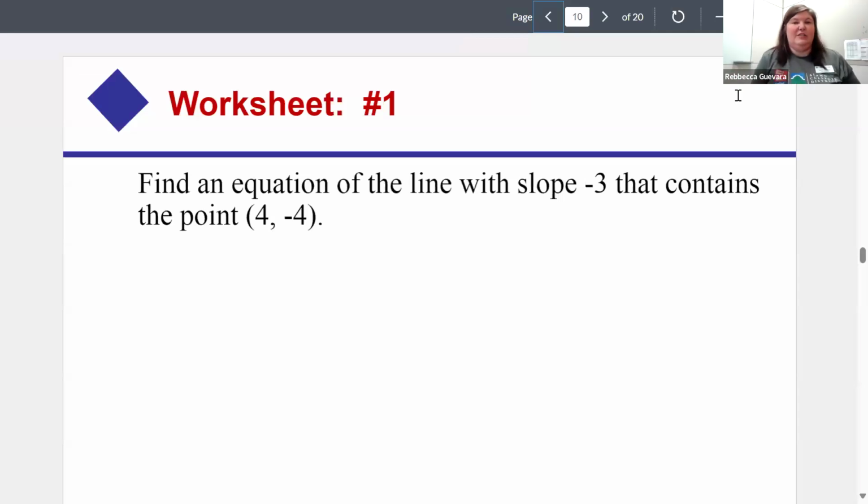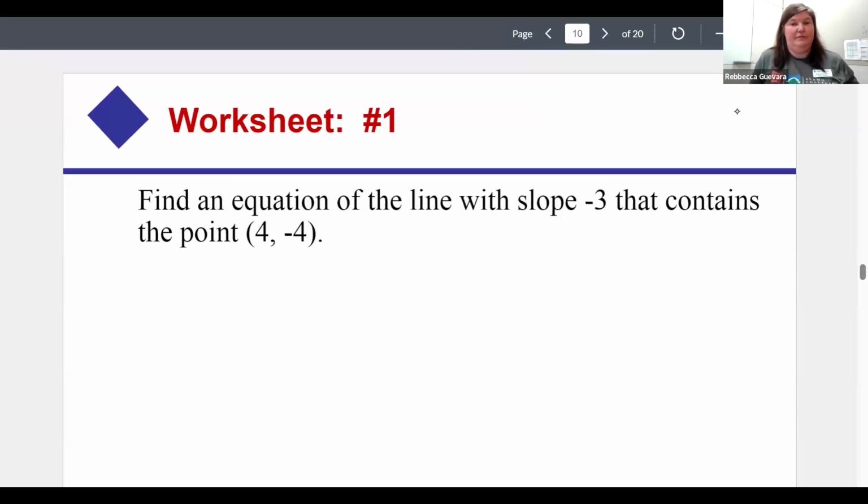All right, so let's start with this first one here. We want to find the equation of a line that has a slope of -3, and contains or passes through the point (4, -4). So my slope here is the -3, that's my m. This is going to be my x1 and my y1.